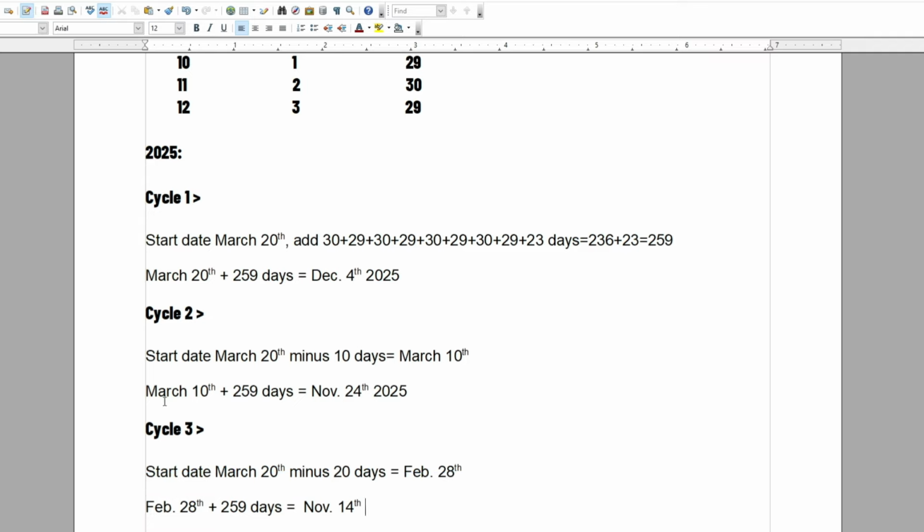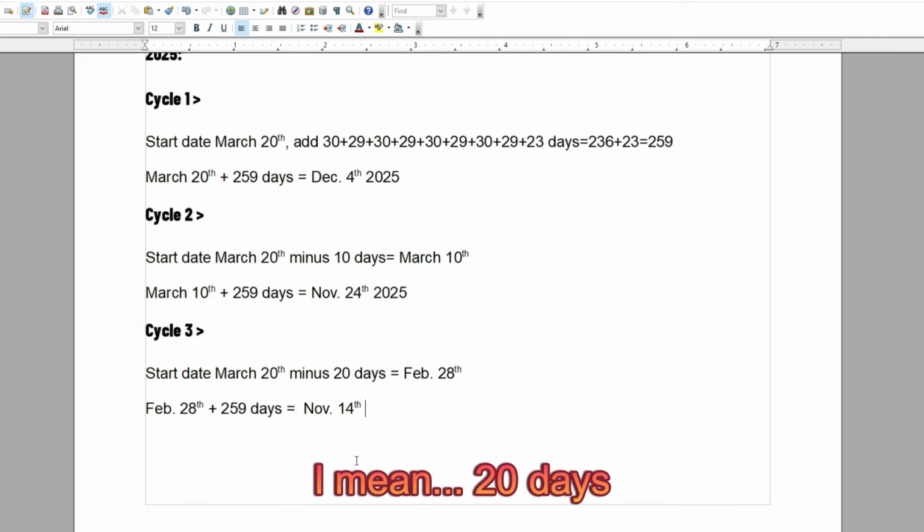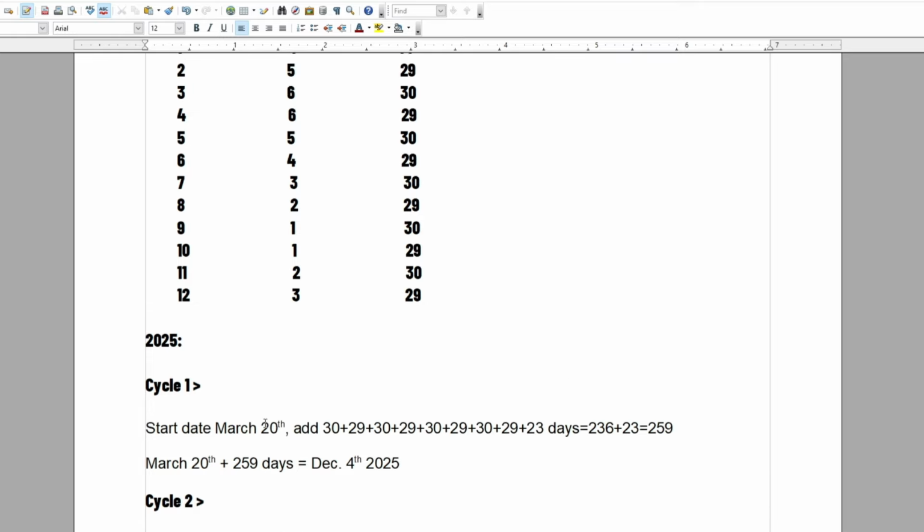So I took 10 days off this, and I landed on November 24th, 2025. Okay, that's the date it gives us, which is really exciting because that's Helingwe's and Joshua's date that they're hoping for. And then on the third cycle, when you take 30 days off of it, it's November 14th. It puts you back here. So I thought you guys might appreciate seeing that.